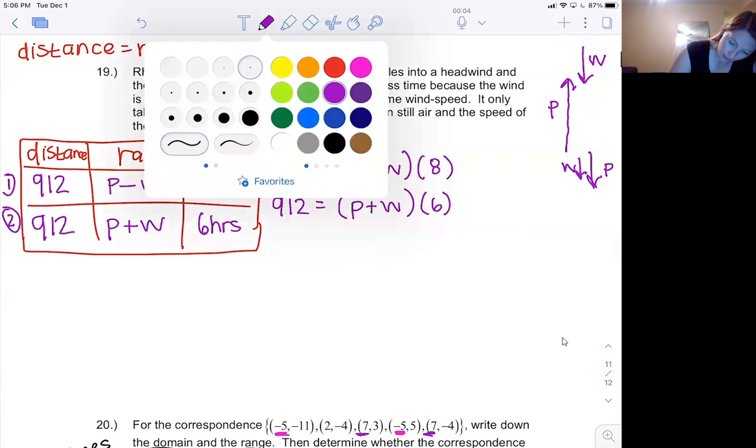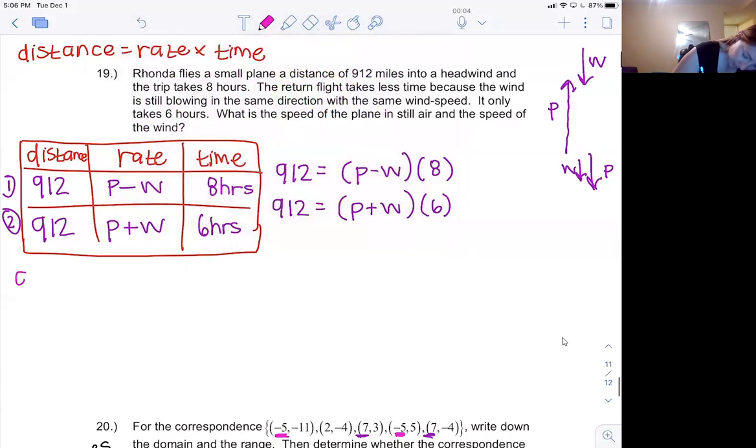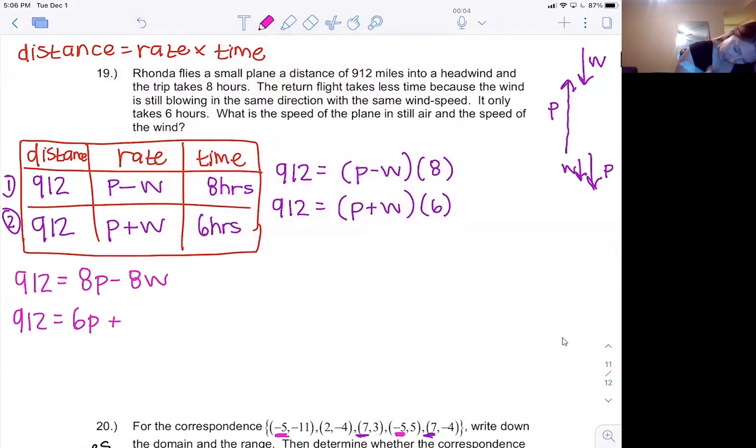So now I'm going to multiply these out. So I'm going to have 912 equals 8P minus 8W, and 912 equals 6P plus 6W. Now we have a system of equations, and I need to solve it.